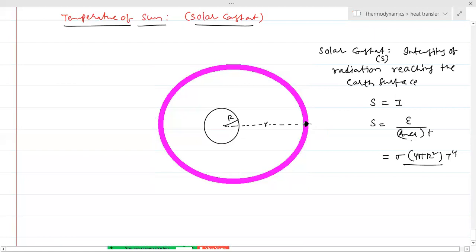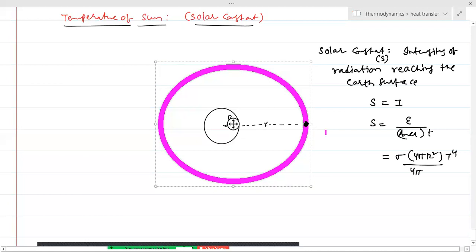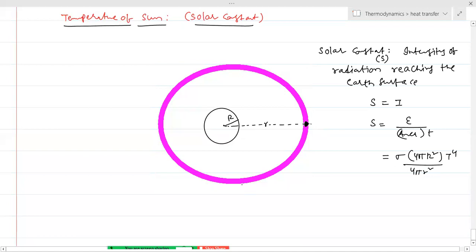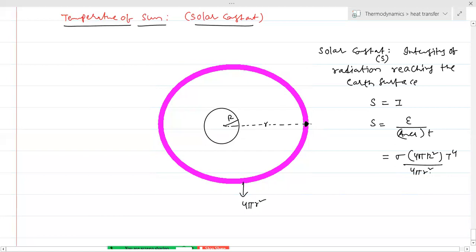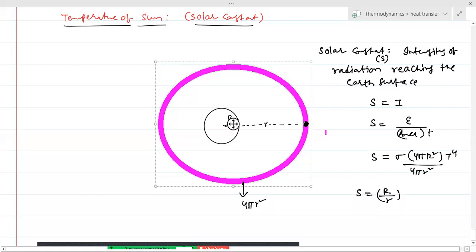But the denominator area in the expression for intensity is the area of observation, and here your area of observation is 4πr². So energy per time means σ into 4πR² into T⁴, and finally we have S equivalent to (R/r) whole squared into σ into T⁴.